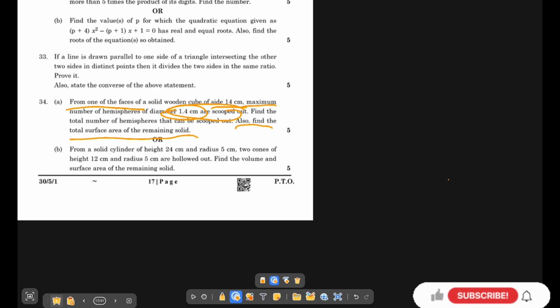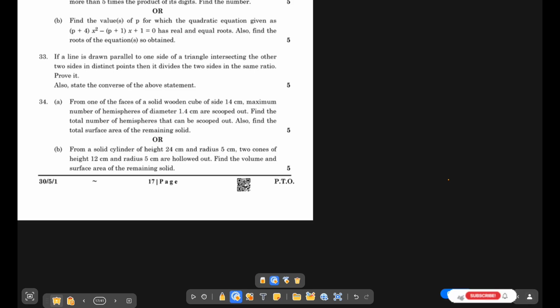So we have to find how many hemispheres can be scooped out from one face, and then also find the surface area of the remaining solid. First of all, let's find the number of hemispheres that can be scooped out from one face.